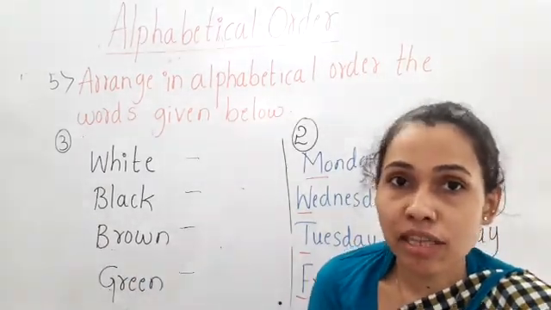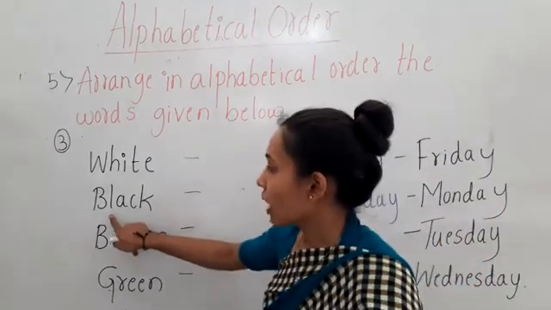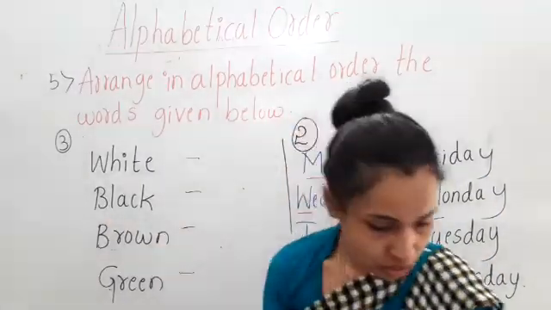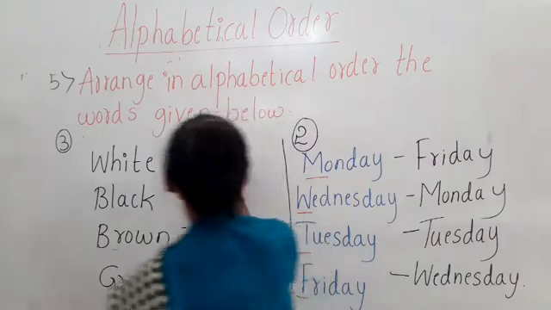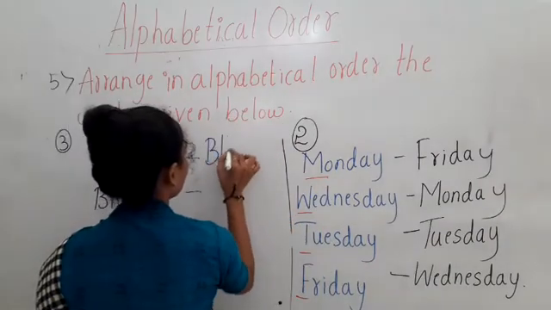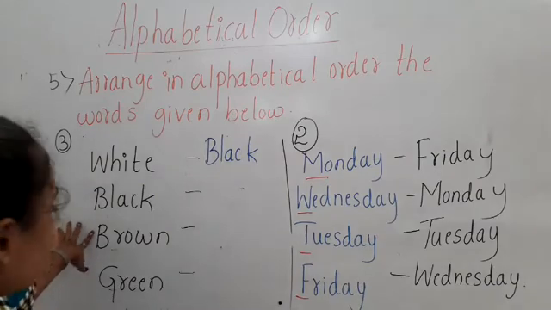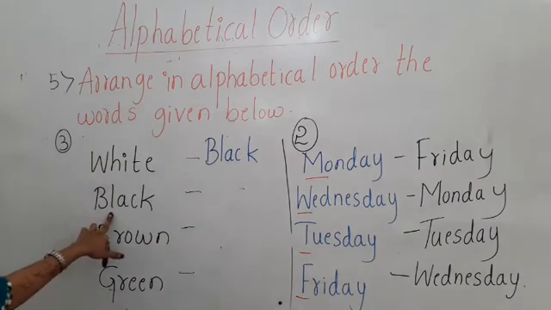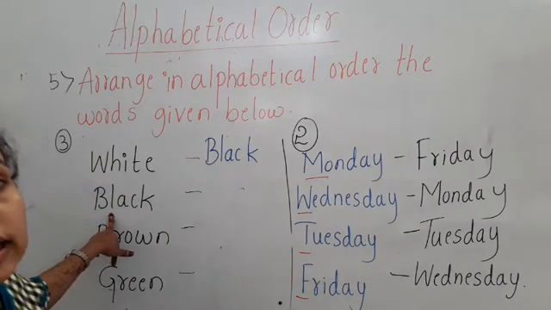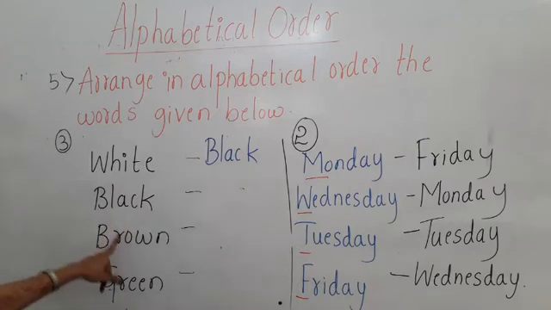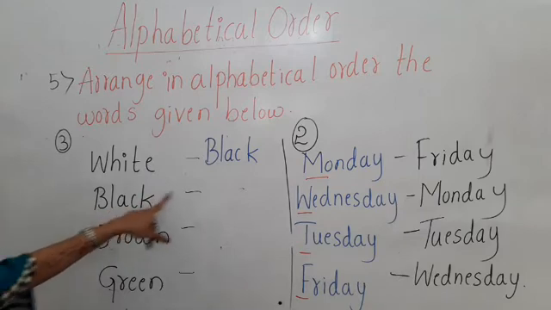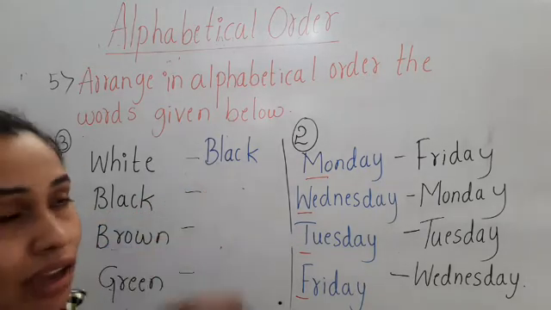L. So we have to write black first. Here B and B both letters are same. So in such cases we have to look at the second letter. So here L and R. In these two which letter comes first? L. So we have to write here black first.